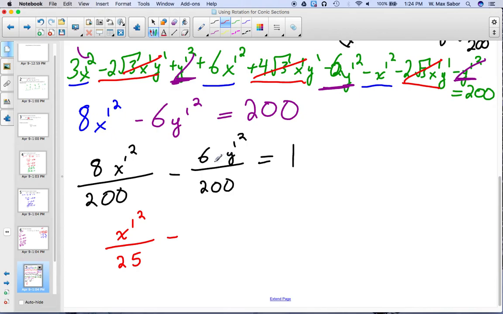And now this 6 goes in, well, 2 goes in once, so this is 100 thirds y prime squared equals 1. All right, now that we have this, we can graph.